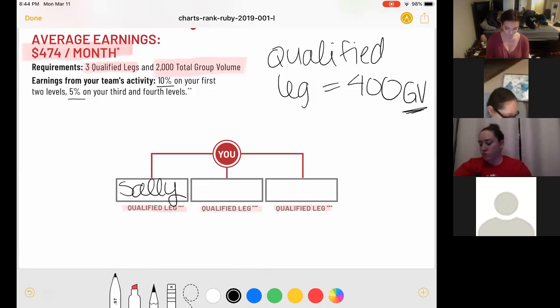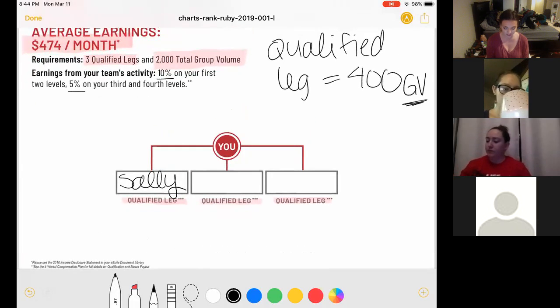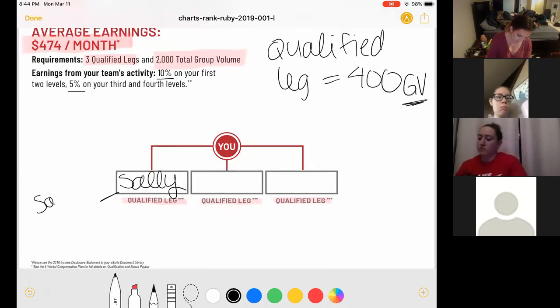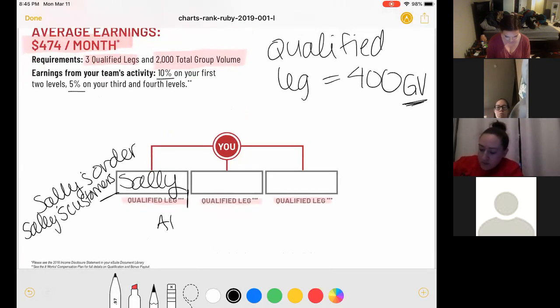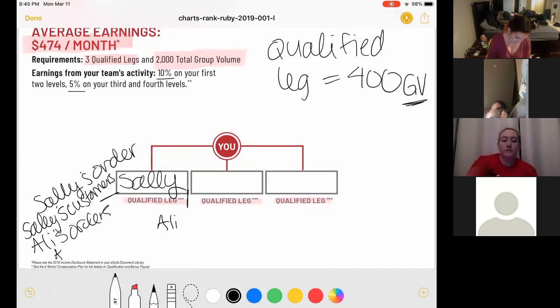So for Sally to hit 400, it can be from Sally's orders, so anything Sally personally orders, Sally's customers, or if Sally signs up her friend Allie, it would be Allie's orders and Allie's customers.